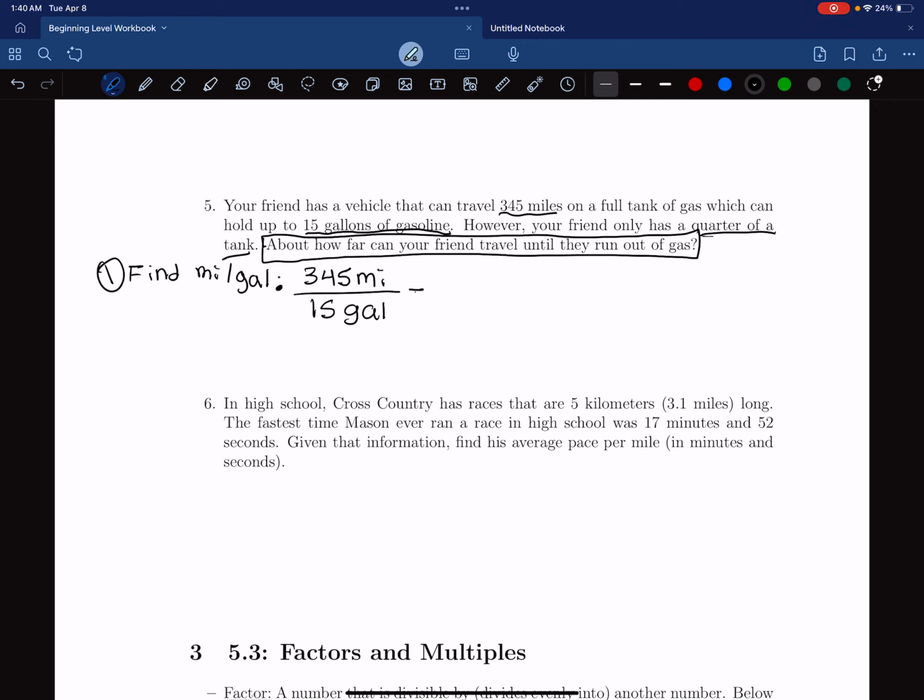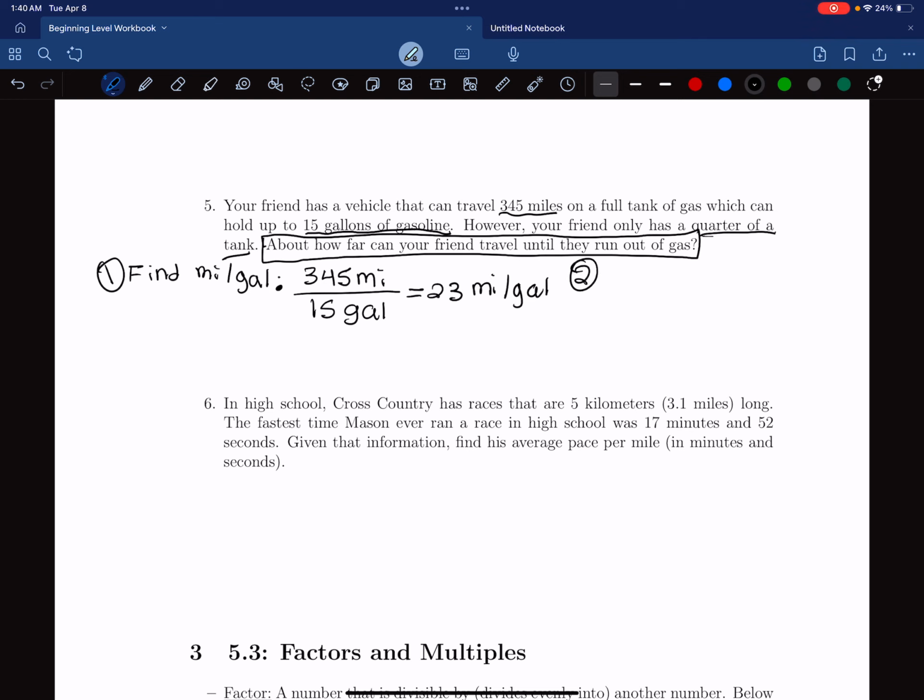This actually divides evenly, and you'll get 23 miles per gallon. So this means that for every 1 gallon of gas the car uses, you can travel 23 miles, or you can travel 23 miles on 1 gallon of gas.